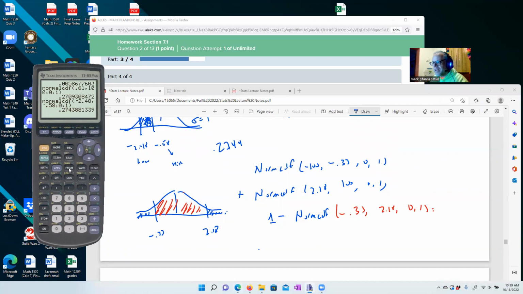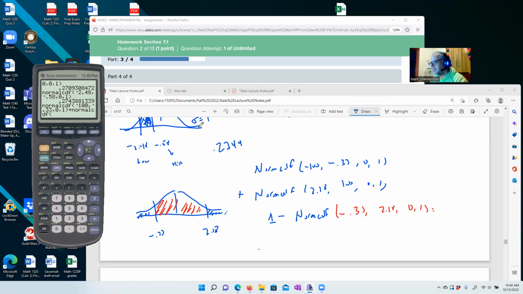So second function, distribution, norm CDF, negative 100, comma, negative 0.33, comma, 0, comma 1, plus norm CDF. We're adding up another one.